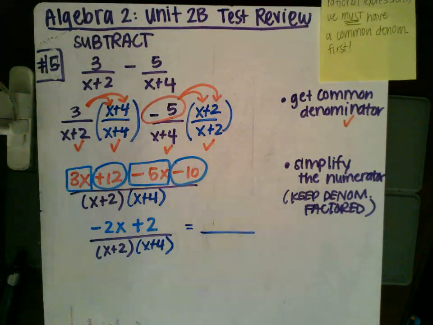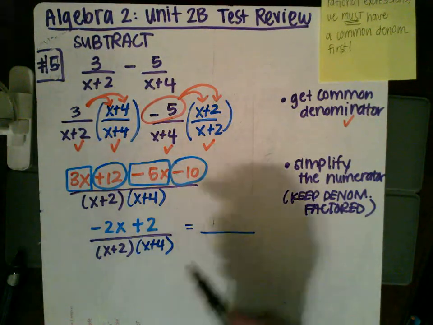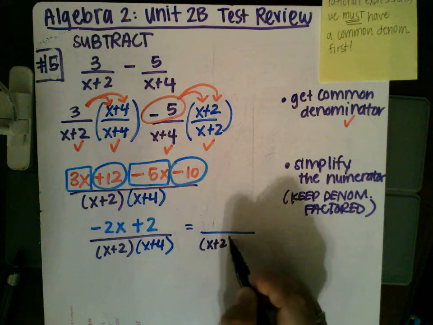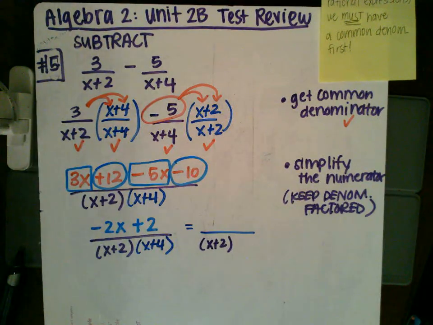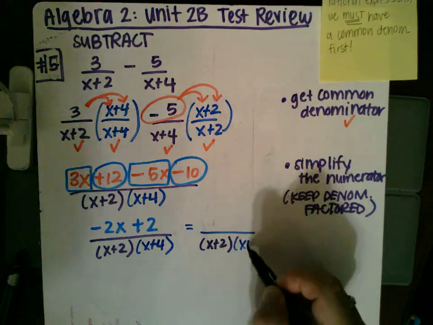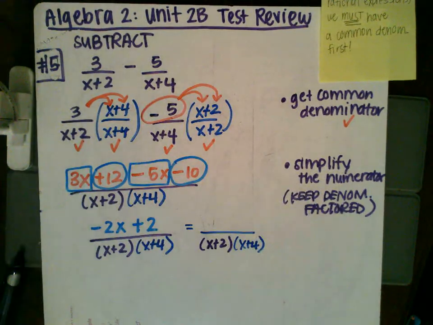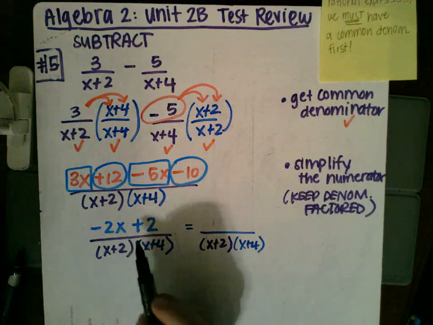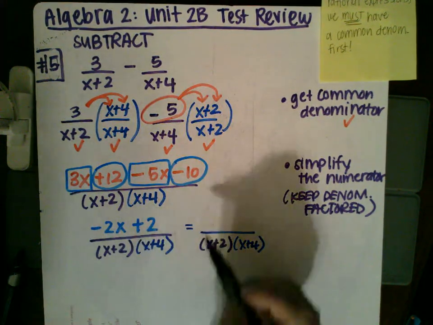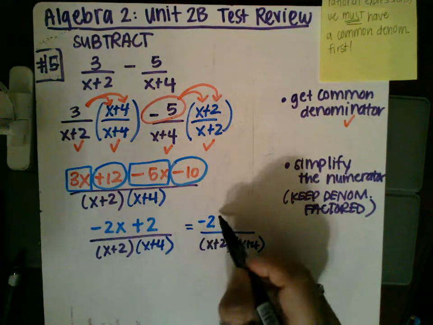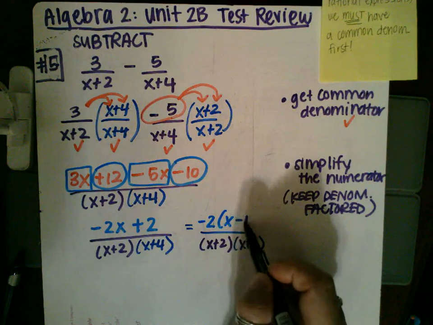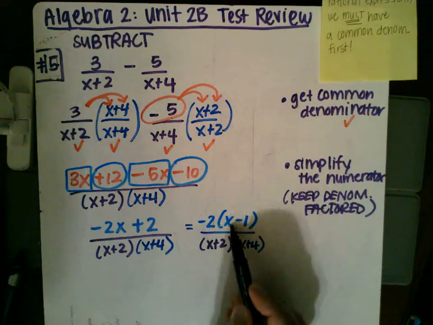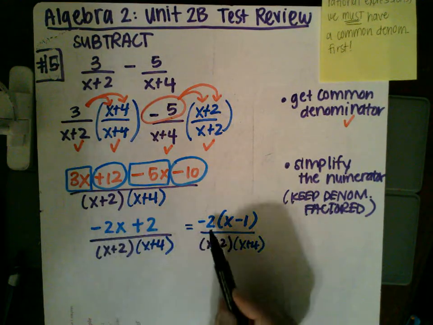Right? We already have x plus 2 in the numerator and x plus 4 in the denominator. So our numerator has a greatest common factor of 2. So I could pull out, like, maybe negative 2. I would get x minus 1, because negative 2 times x is negative 2x.